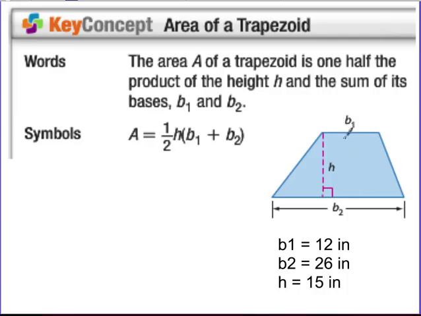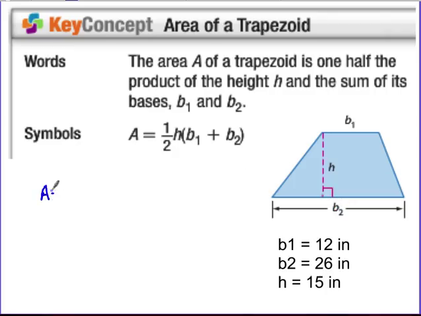So two of the sides will be parallel, and those are the two bases. So find the length of base 1 and base 2, add those together, multiply by the height, and the height is the distance between those two bases. So it will always form a right angle with the bases. And so the sum of the two bases times the height divided by 2 will be our formula.